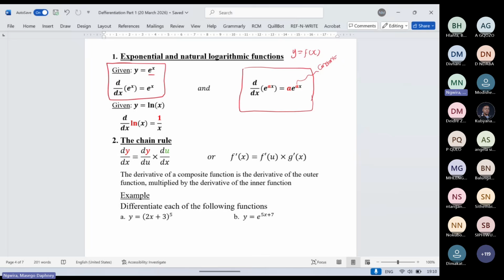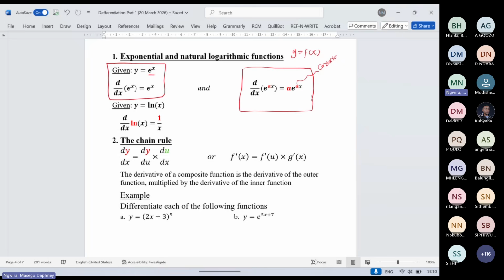Okay. All right. I'll answer your question when I start doing examples. I think it will make sense. Another one is if your function is y is equal to ln x. This one we call ln. When you differentiate anything that has ln and then the bracket, it's going to be 1 over x.